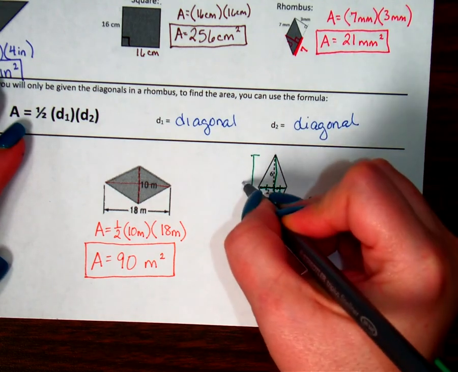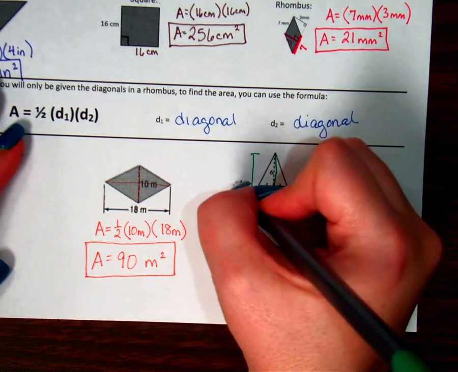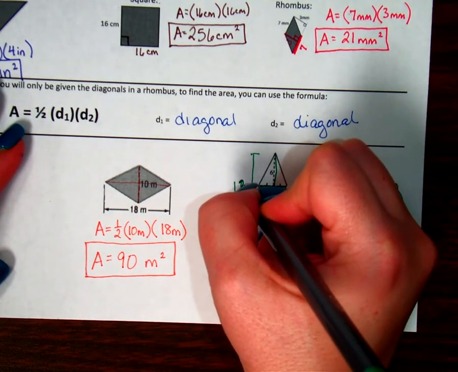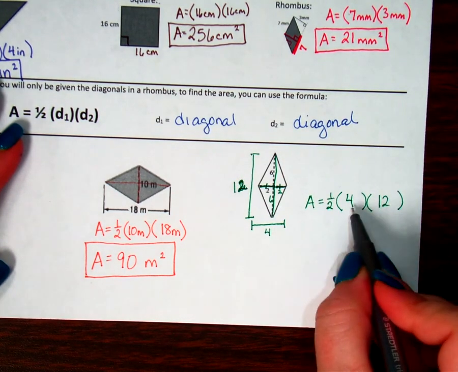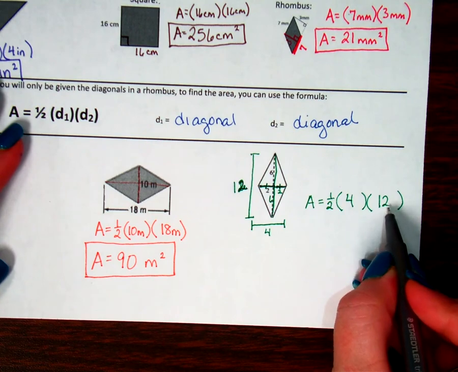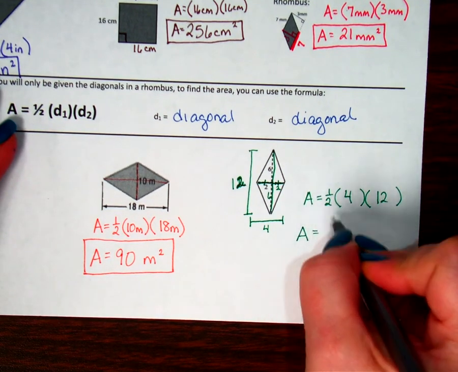So this whole diagonal is 12. And again, I could have flipped these. I could have put a 12 here and the 4 here. Doesn't matter. Okay? So then I end up with area equals 1/2 of 4 times 12.